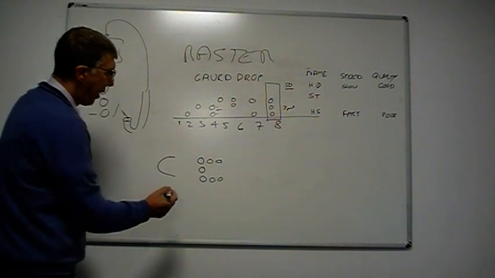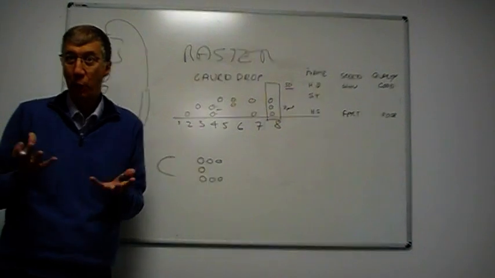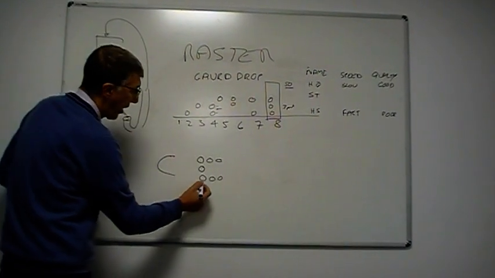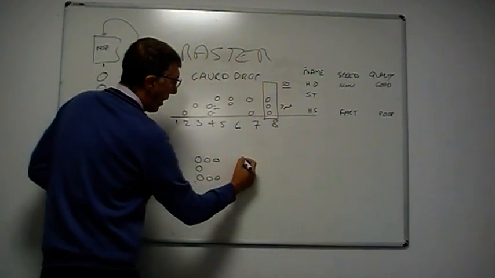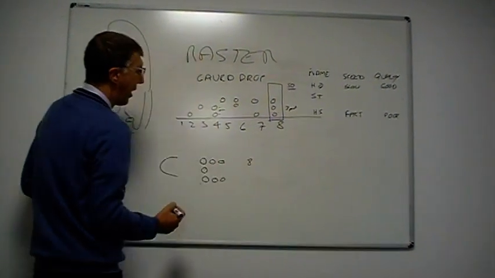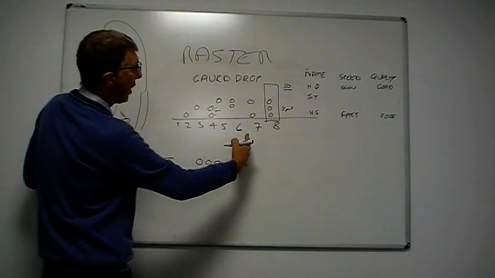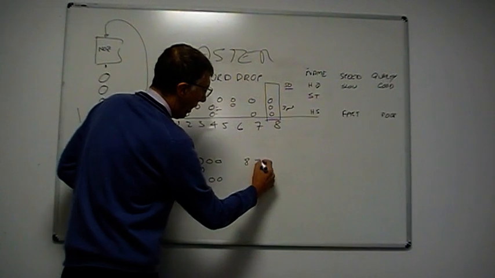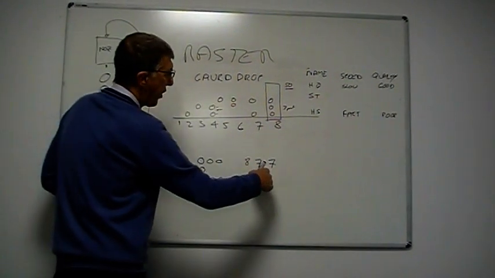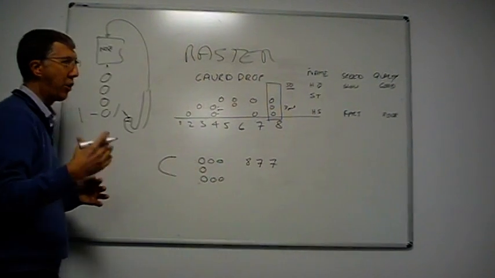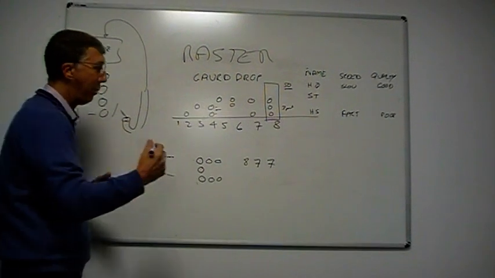So when the printer reads this bitmap, and this is a very, very simplified version of what actually happens, it says, I want a stroke that looks like this. That stroke's a number 8, so it puts in, I want a number 8. Then it wants this stroke. That stroke happens to be number 7, I think we agree. And another number 7. So the letter C then becomes these, which then it goes to look up in a raster table the voltages to put on, and it puts them in a line.